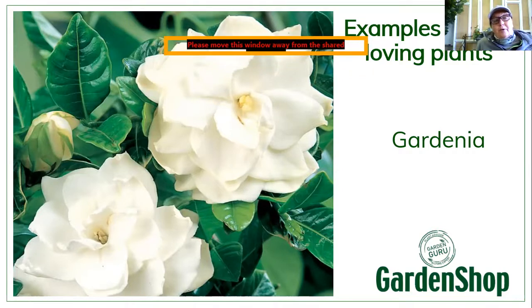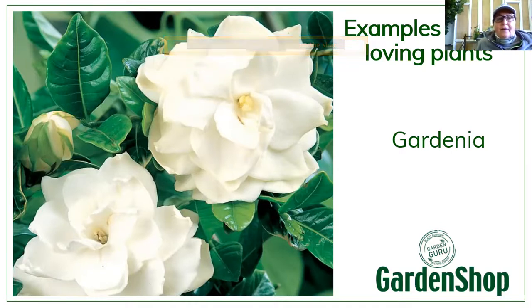Some grow in bushes. You also get ground cover types of gardenia. You also get an indigenous type of gardenia, which grows very well in South Africa, but for the most part, gardenias grow very well all over South Africa if you do give them some acid food.